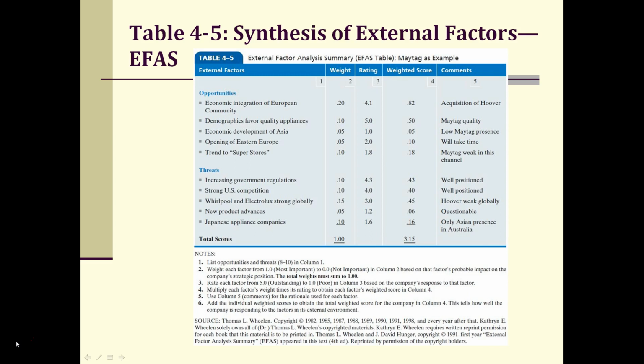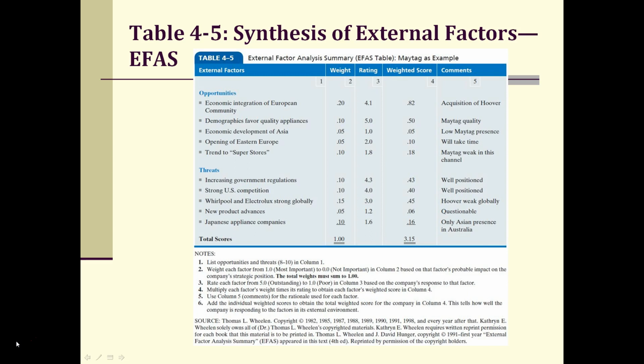As an example of this procedure, table 4.5 includes a number of external factors for Maytag Corporation with the corresponding weights, ratings, and weighted scores provided.